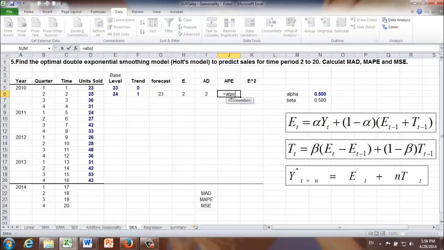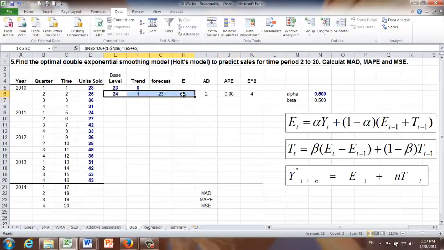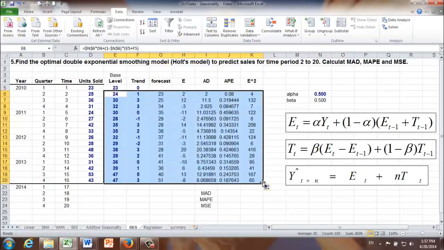APE is the absolute value of the forecast error divided by actual sales. In the end, the squared forecast error is the forecast error squared. And then we can copy and paste the formulas for all the other remaining time periods.